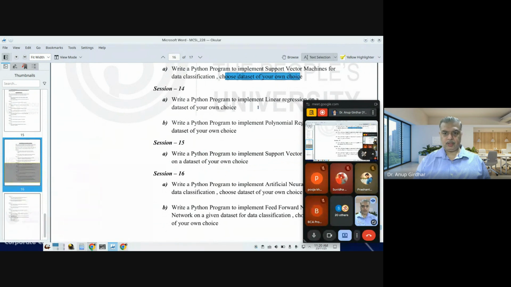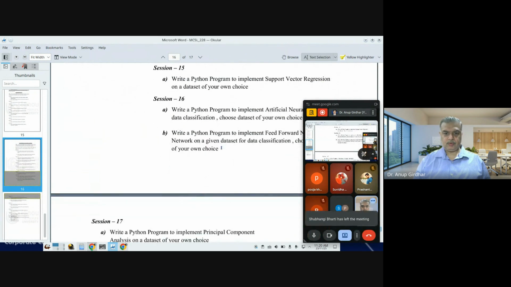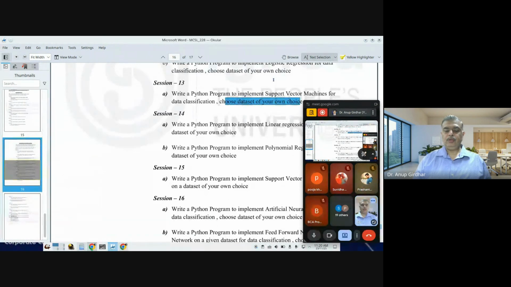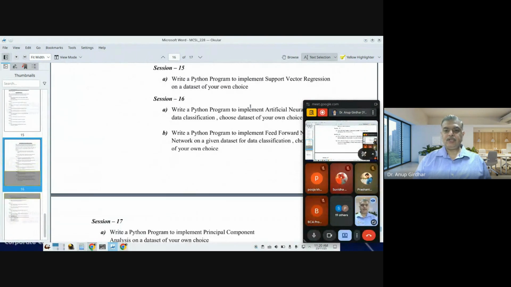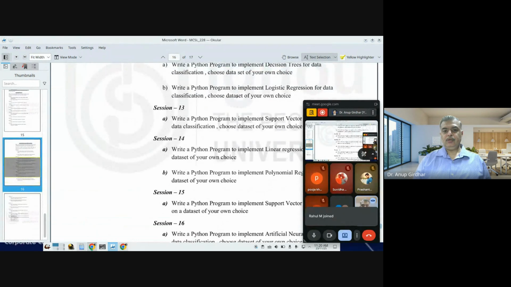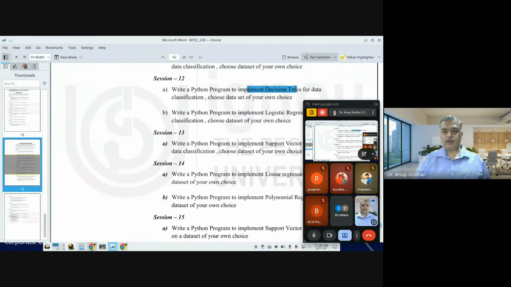Choose a data set of your choice for regression. So we are supposed to do SVM for data classification and support vector regression on a data set. There we have multiple options. So we'll do one by one, but please quickly go for this decision tree part, right?